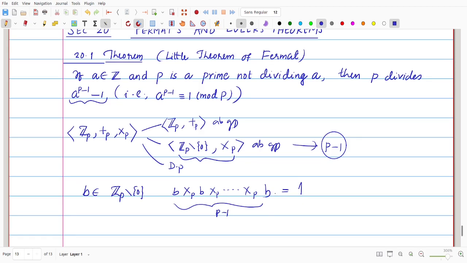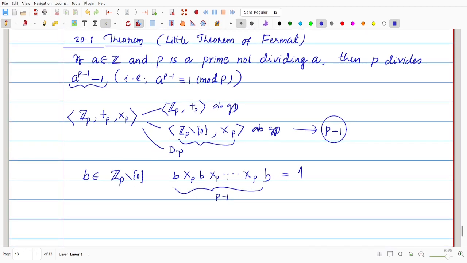What does it mean? When you multiply B, P minus 1 times, and take the remainder when it is divided by P, that will be 1. That means B raised to P minus 1, the product of this, can be written as a multiple of P times Q plus 1, so the remainder is 1.